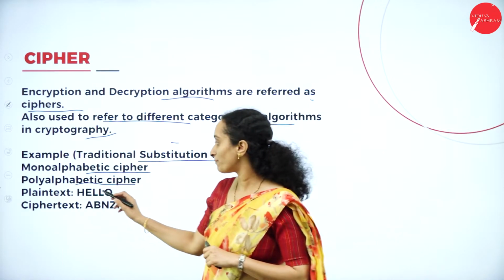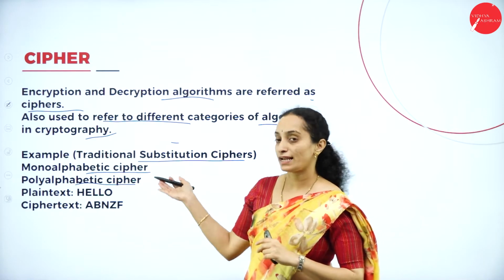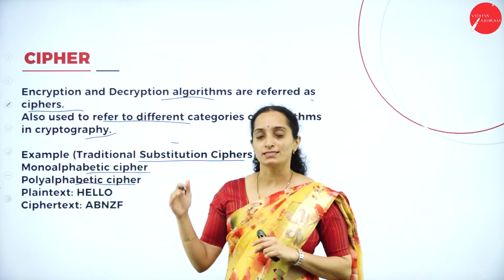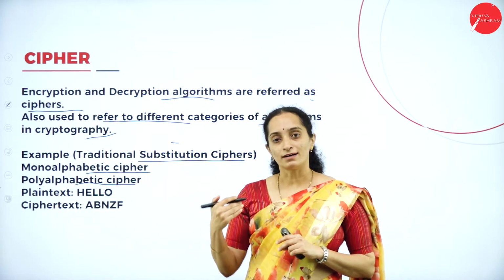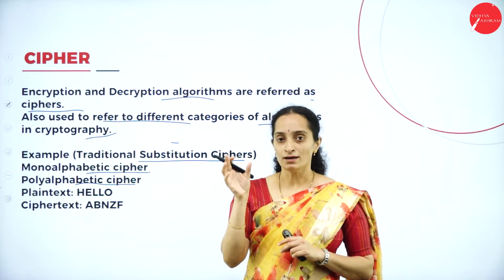Monoalphabetic means only one kind of transformation, like in the previous example, where hello was replaced by the third alphabet from each of the alphabets in the word.